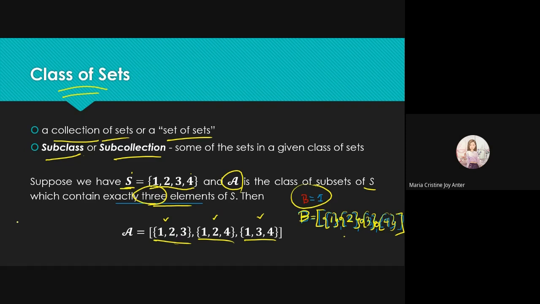Then we have set C, Charlie. We can write this class containing 2 elements each: 1 and 2, 1 and 3, 1 and 4, 2 and 3, 2 and 4, and then 3 and 4.